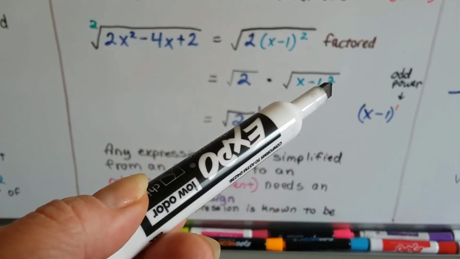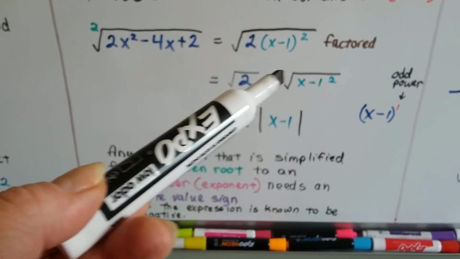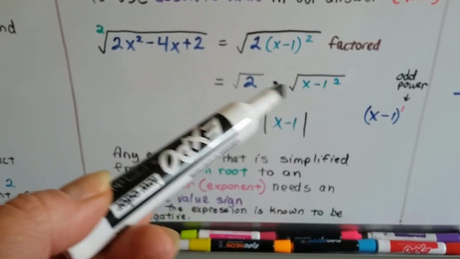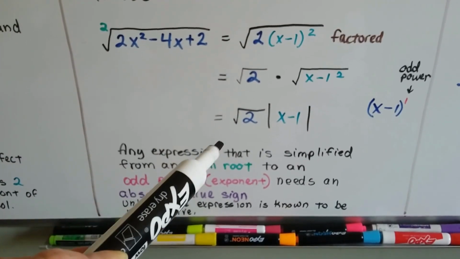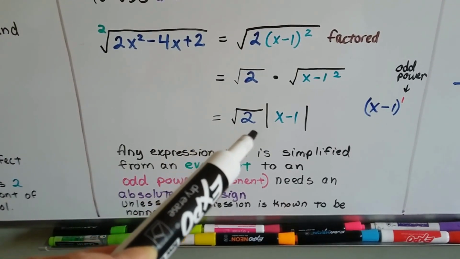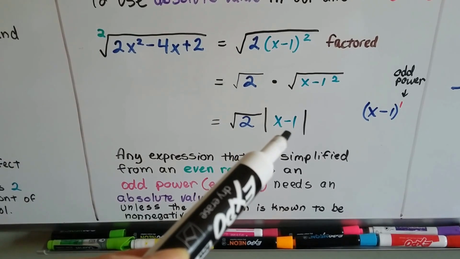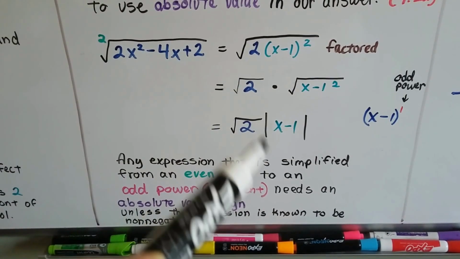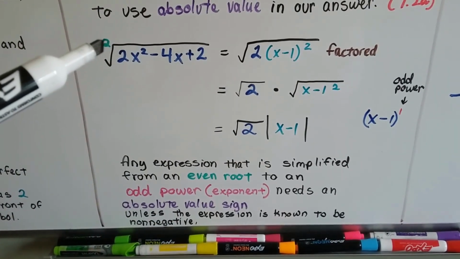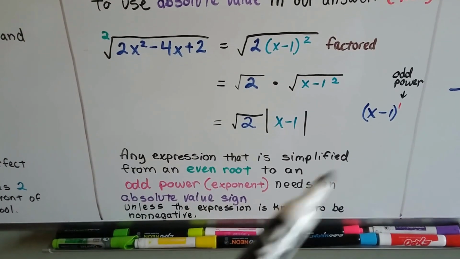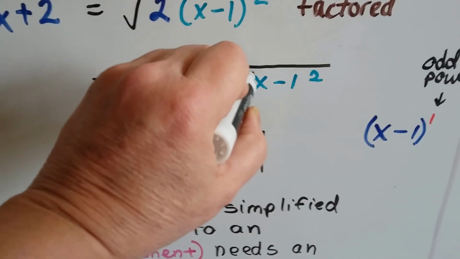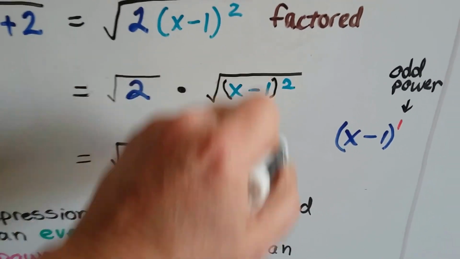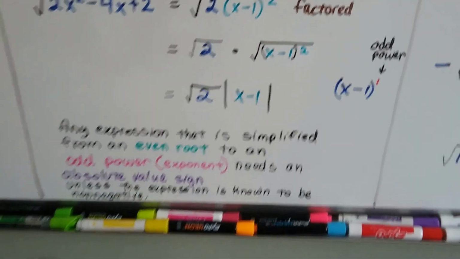And if we take away this radical sign, and we take away this little 2 exponent, it's going to give us the square root of 2 times x minus 1. It's going to be in absolute value bars because we went from an even root to an odd power. So actually, there should be parentheses around here so you know the whole thing is squared, okay?